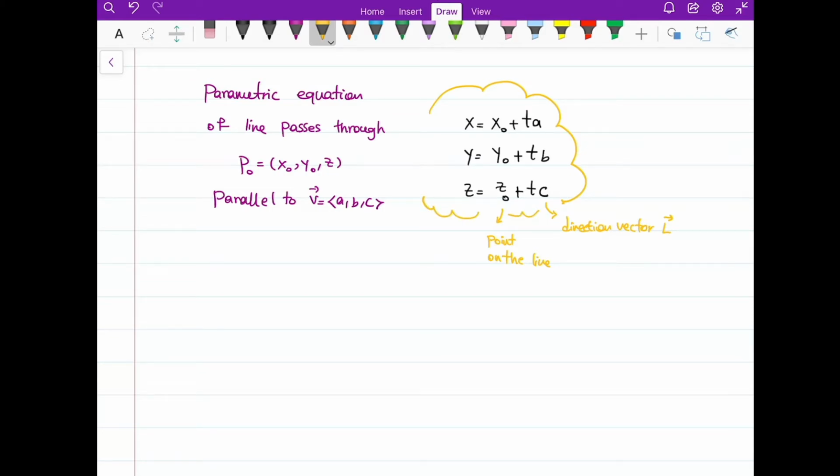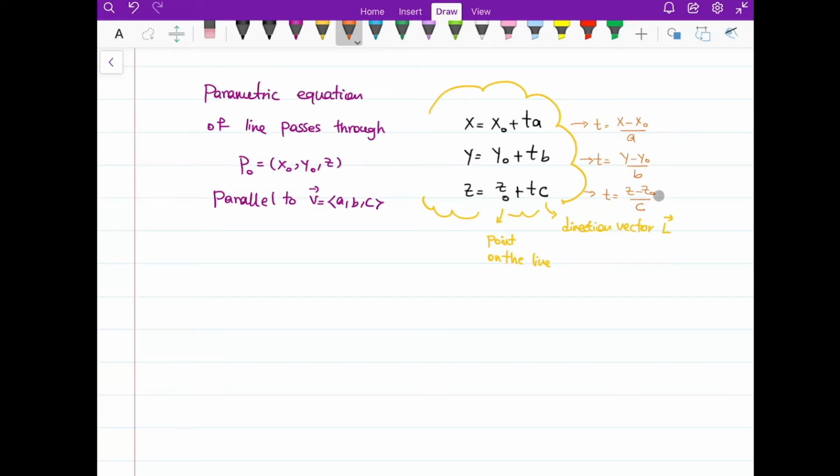Now, if we find t from each one of them and set them equal to each other, we're going to get the symmetric equation of a line. Look here, I'm going to isolate t. I bring x naught, which is just a number, to one side. It would be x minus x naught, divided by a. I find t from the second, which is y minus y naught over b, and from the third coordinate I get z minus z naught over c.